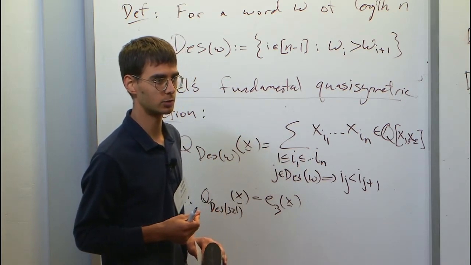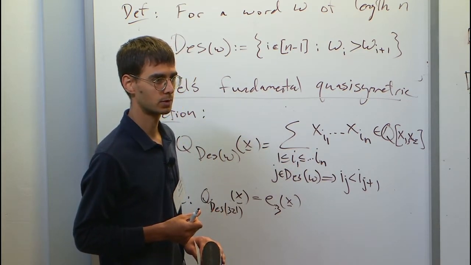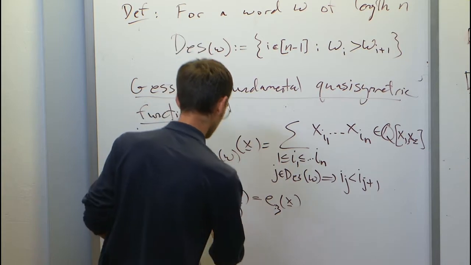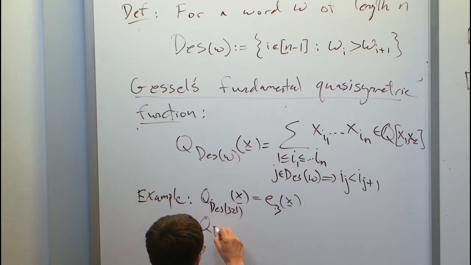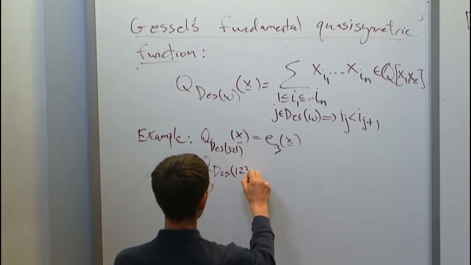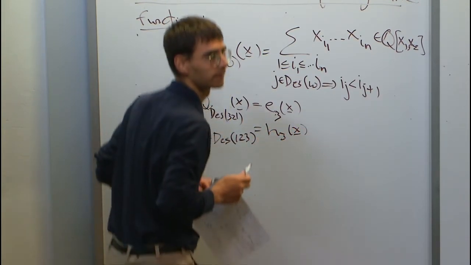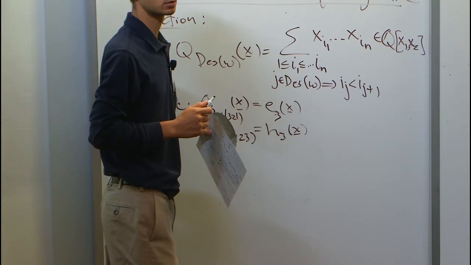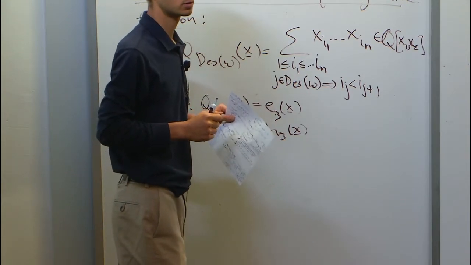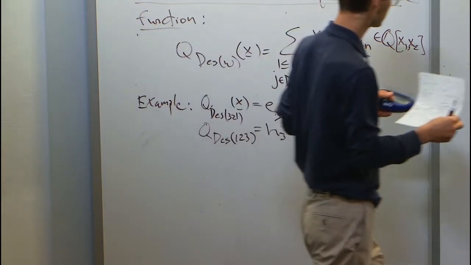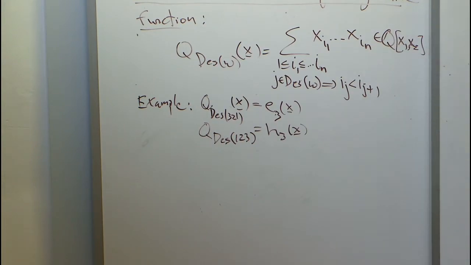That's exactly an elementary symmetric function. If I take, on the other hand, some increasing word, 1, 2, 3, this gives me my homogeneous symmetric function. Is that more understandable? I'm going to give another example in a second.